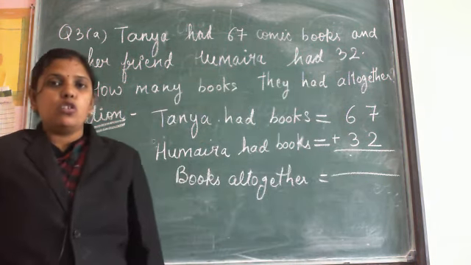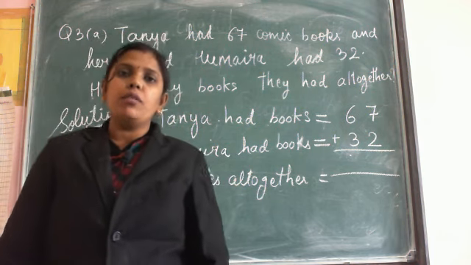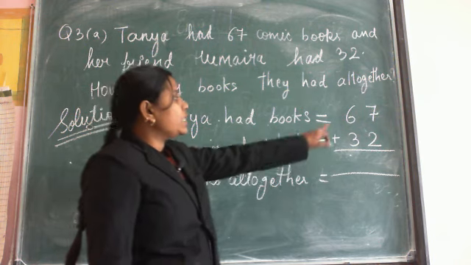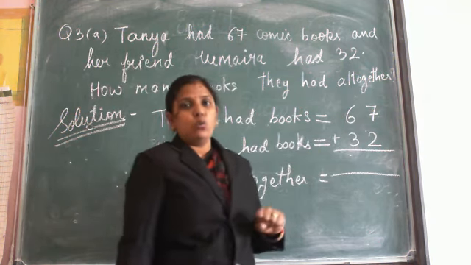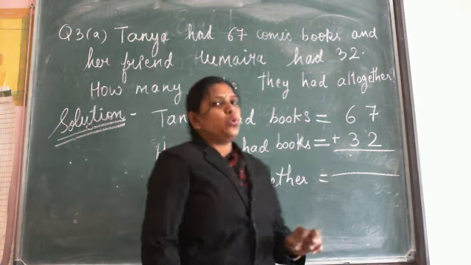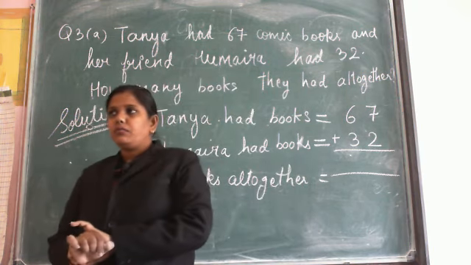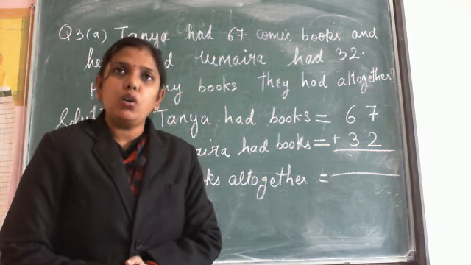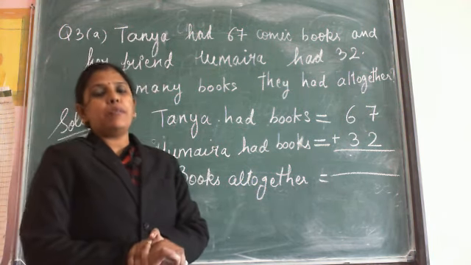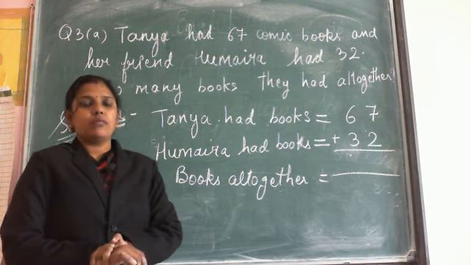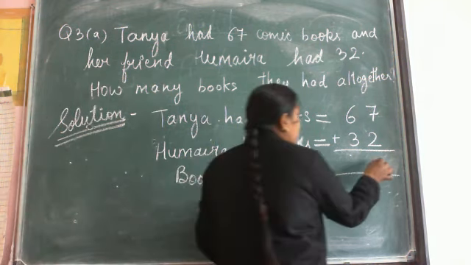Now add it. We always start adding from the digit at the ones place. Here the digits at the ones place are 7 and 2. Using your finger, add 7 and 2 and tell me the answer. 7 plus 2 is 9. Very good.